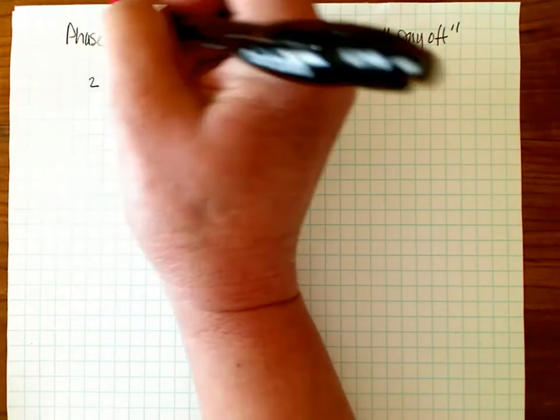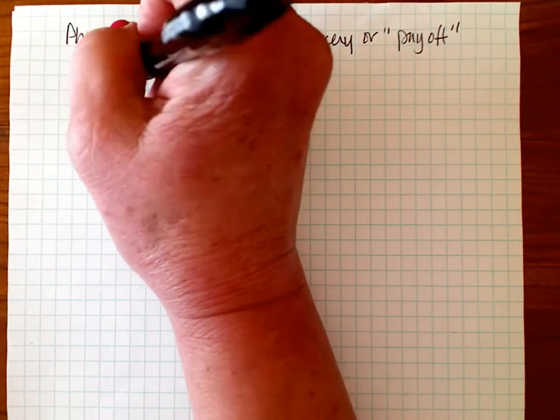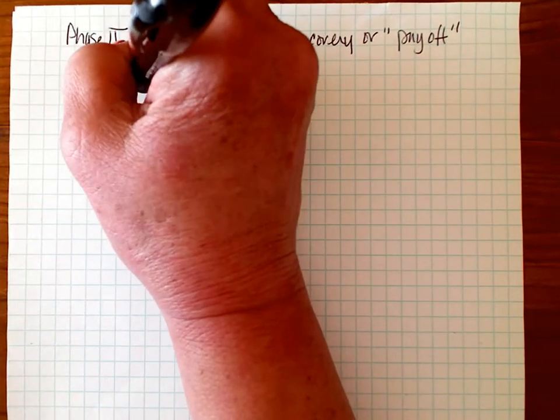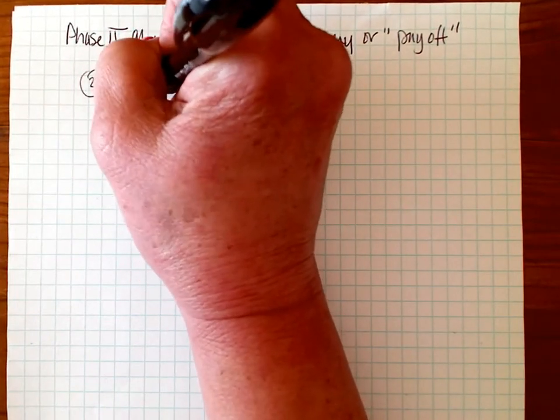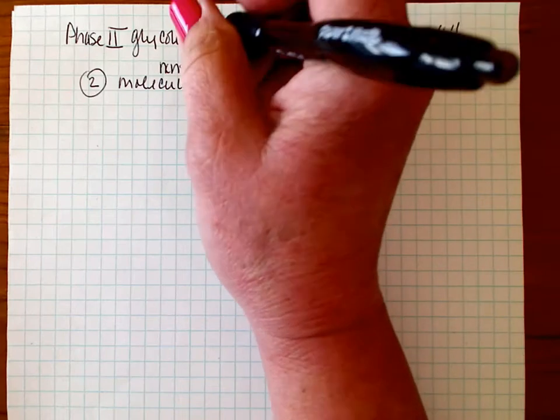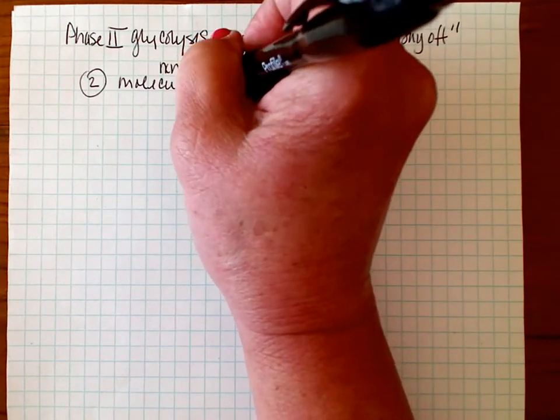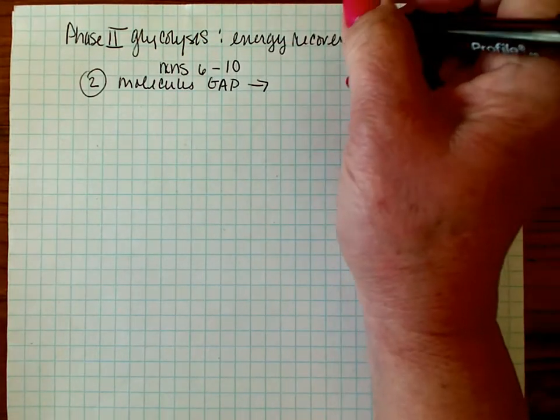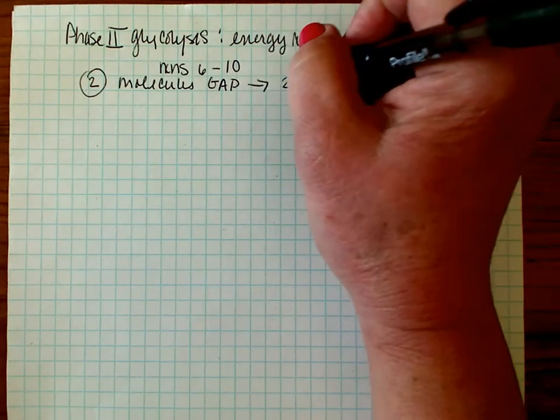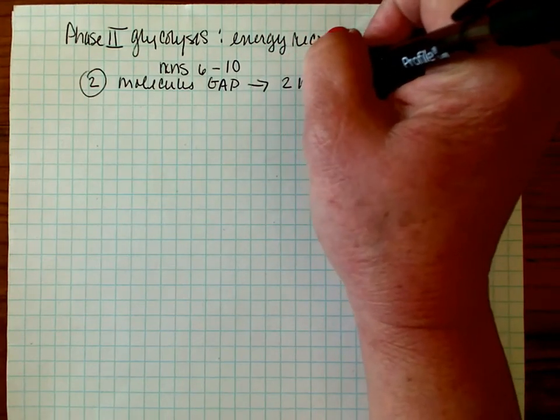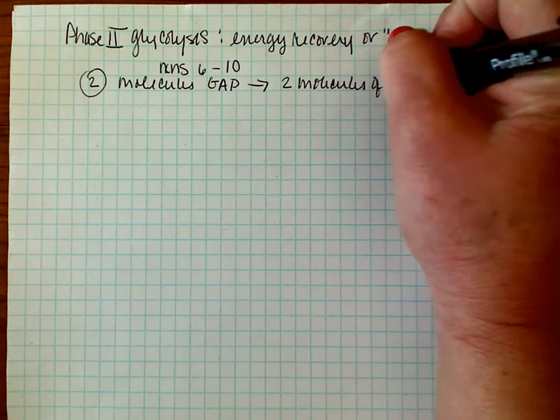And during this phase, keep in mind, 2 molecules of GAP, or glyceraldehyde 3-phosphate, are converted to 2 molecules of pyruvate.